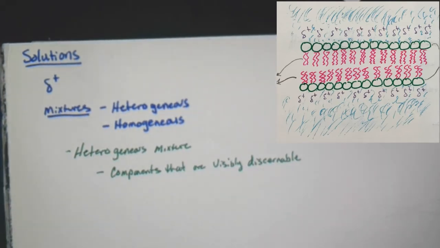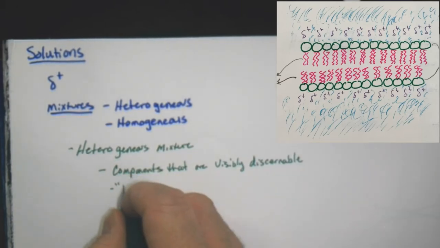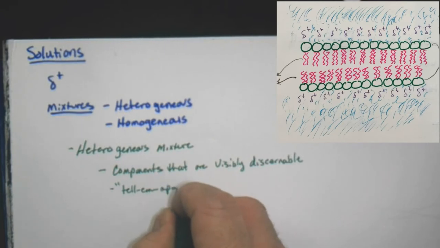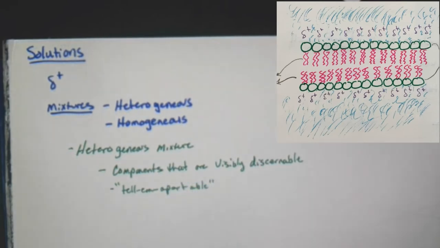That means, and I made up this word, they are telemarpartable. If you look at a solution and you can see the different components with your eyes, you see that it is a mixture of stuff. It is a heterogeneous mixture.